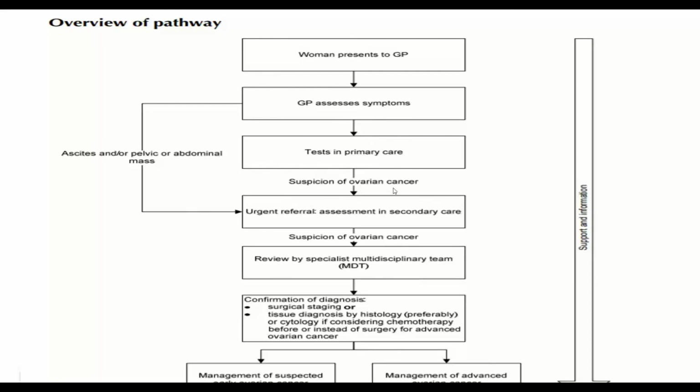And if there is suspicion of ovarian cancer based on test, then the patient is referred to the secondary care. From the secondary care, when the diagnosis is confirmed for ovarian cancer, then the patient is reviewed by MDT, and the confirmation of diagnosis is there. The surgical staging is offered and tissue diagnosis by histology if considering neoadjuvant chemotherapy. So depending upon the stage, you will treat the cancer.